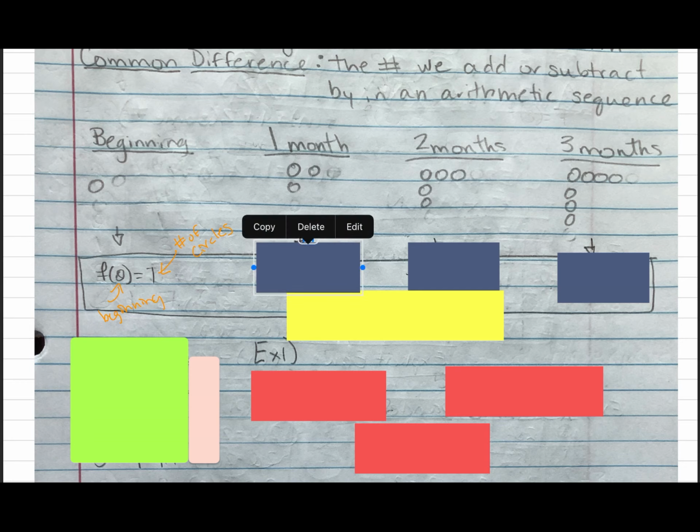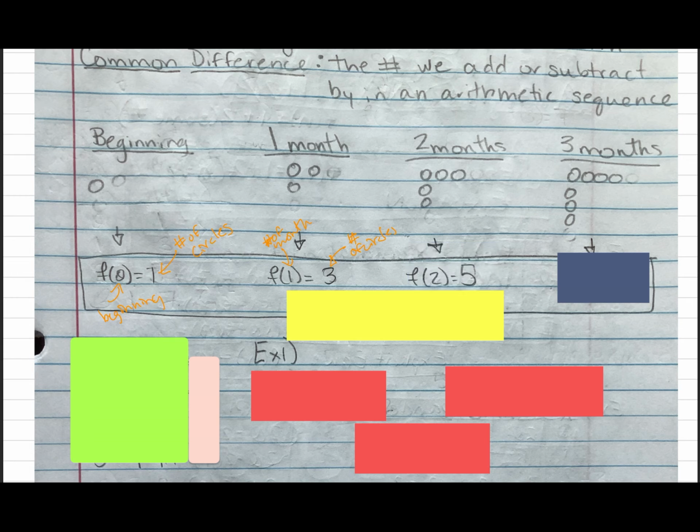Then for 1 month, we have f of 1 equals 3. Once again, this 1 stands for number of months. So this is 1 month. And then this 3 here is the number of circles. All right. So at 2 months, we have f of 2 equals 5. And that's how we say that.